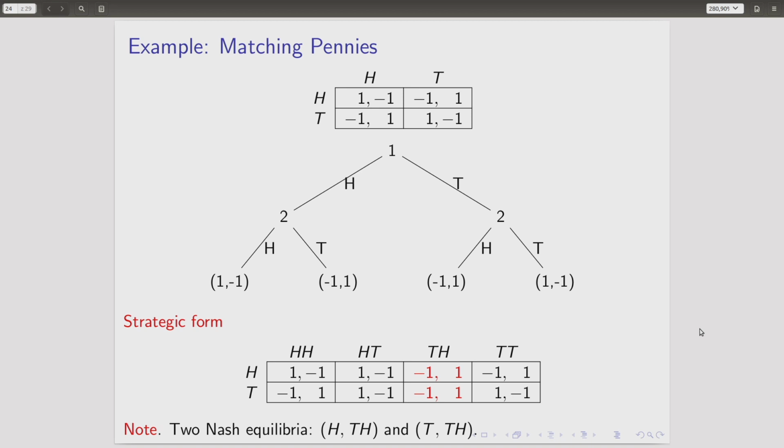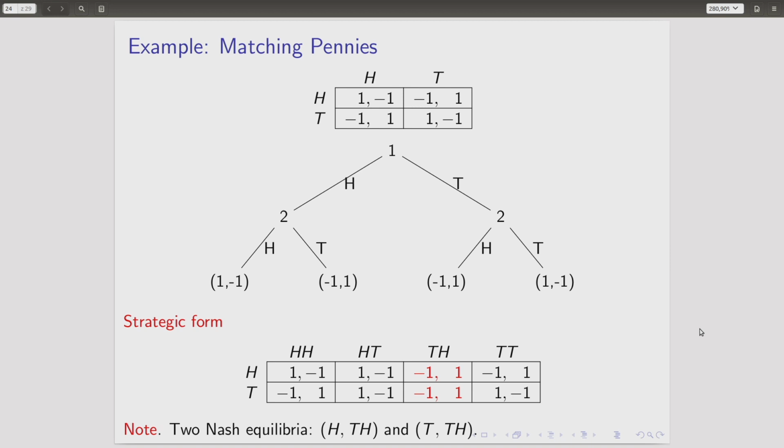We started with the strategic game. These are games with perfect information. I mentioned this before. So we have here matching pennies, and under it is this extensive game which corresponds to this game played in two stages. But now I go back to strategic games, but I do not get the same game.